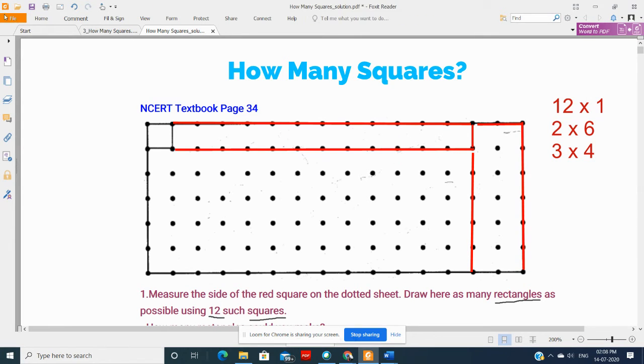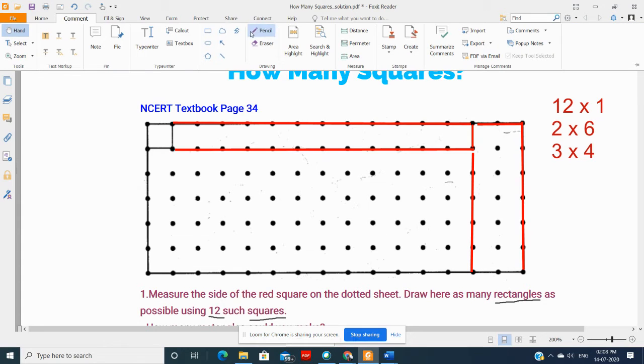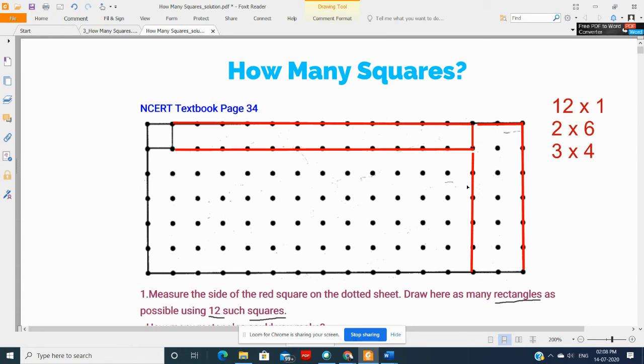Just a minute, I need to take this. Okay, so 1, 2, 3. You can take 4 also, okay? But here we have taken 3. So right here we will take 1, 2, 3 and 4 like this. So 1, 2, 3, 4.